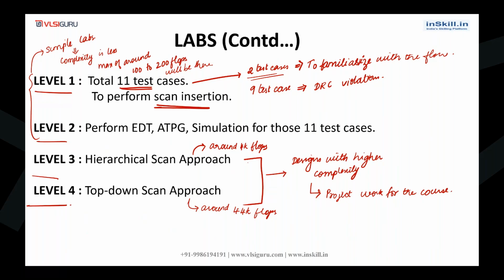Okay. And basically there are 3 methods to clear off the DRC violations. One is manually editing the netlist.